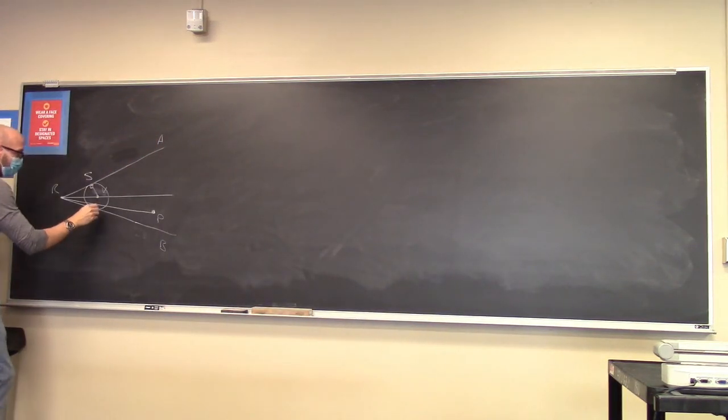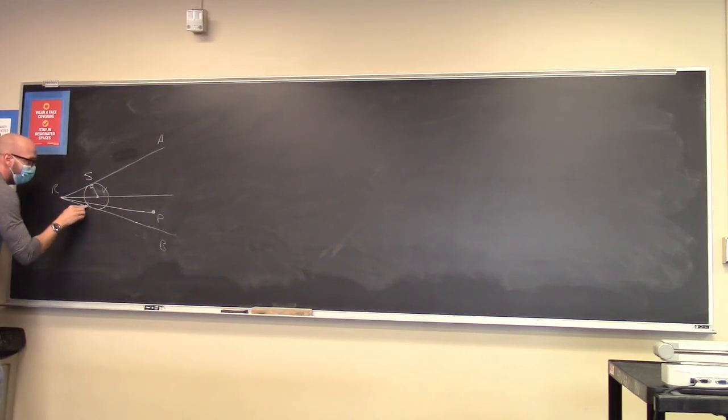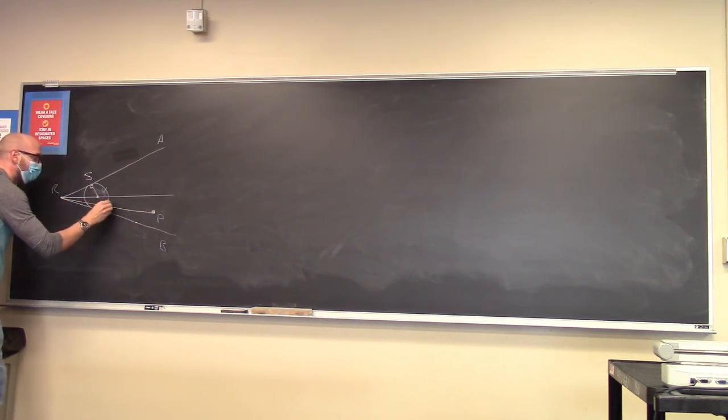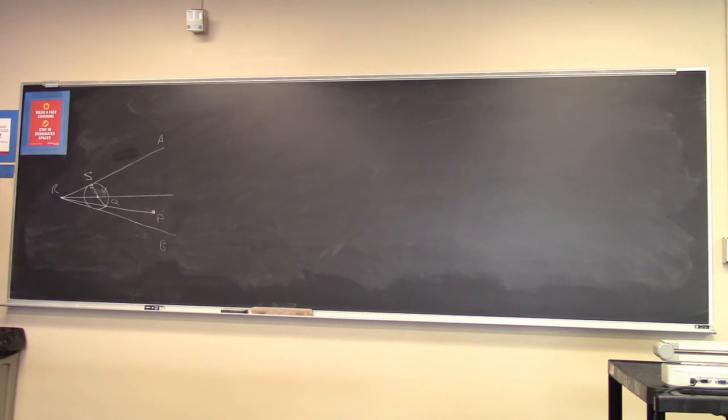So our next step, what step are we on, by the way? 4 or 5? 4 was the last one we did. 4? All right. Next step is this line RP, this intersects the circle with 2 points. Let's just choose one of them. Doesn't actually matter which one you choose. Remind me to point out what happens if you choose the other one.